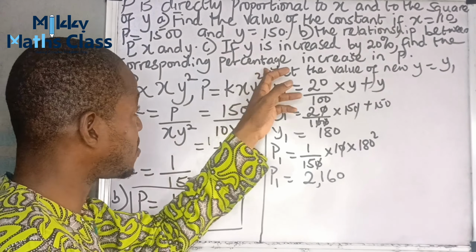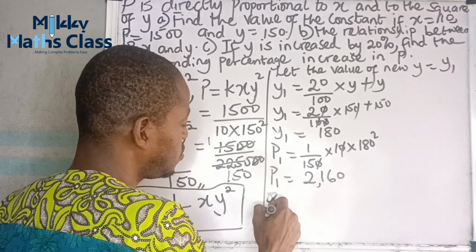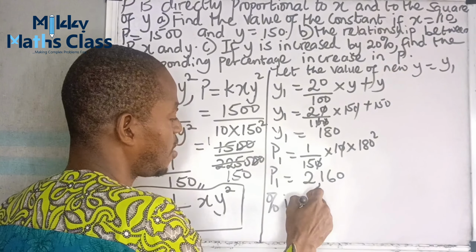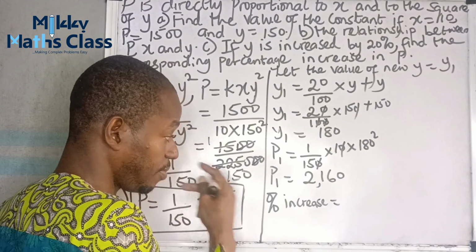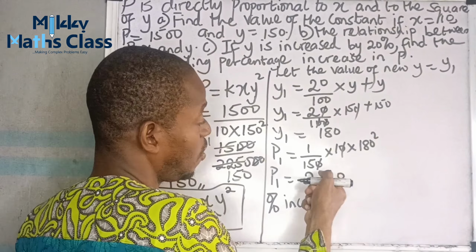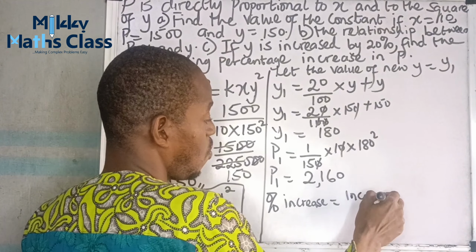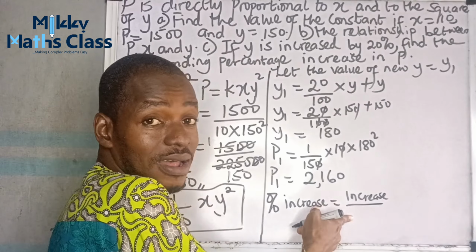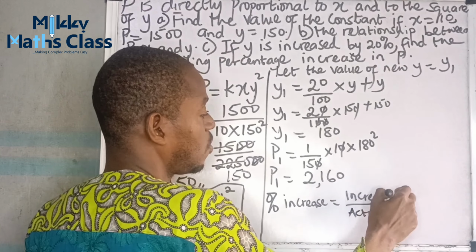Now that's not all. It says find the percentage increase. So the formula for percentage increase is the increase over the actual amount times 100.